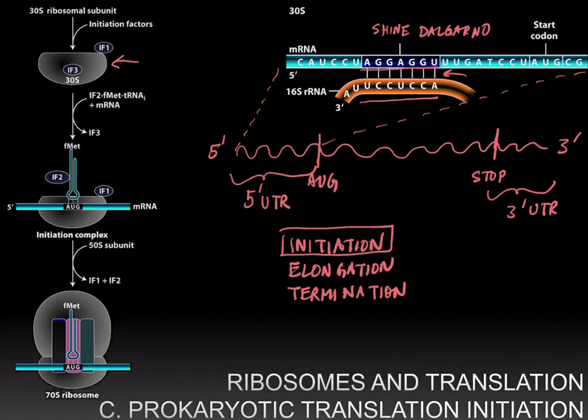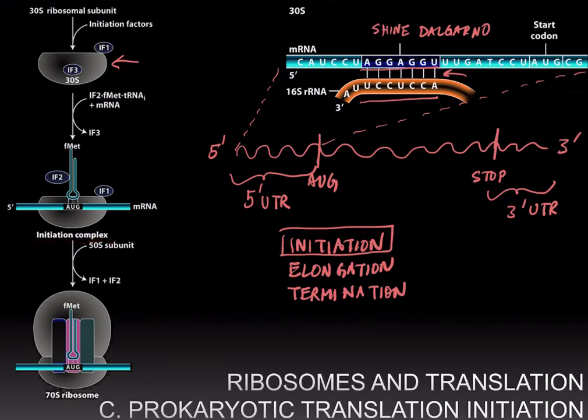so that at the end of the process you get the small subunit bound to the mRNA, and the fMet, N-formyl methionine, bound to the start codon along with initiation factor 1 and initiation factor 2, and together this is known as the initiation complex.